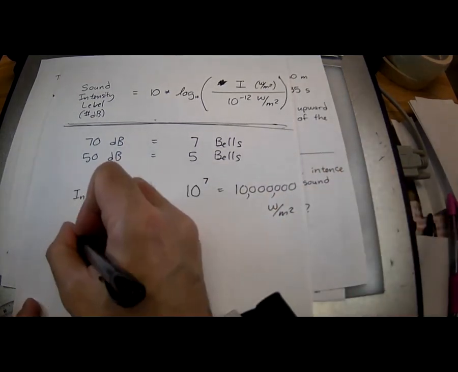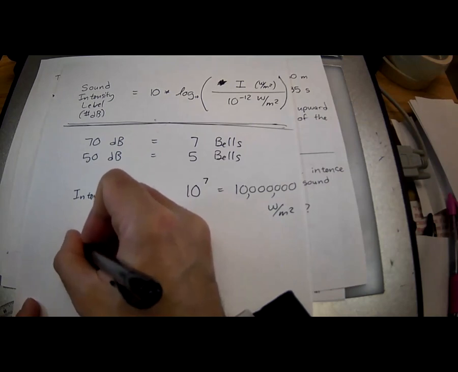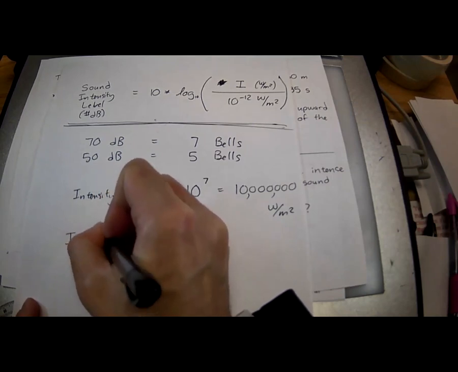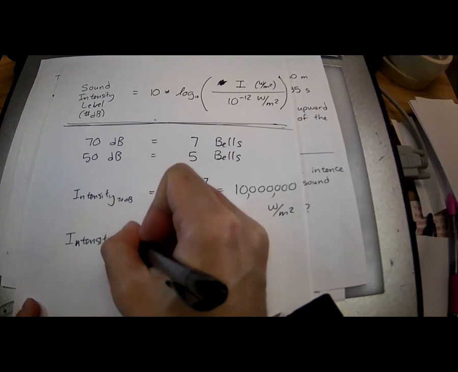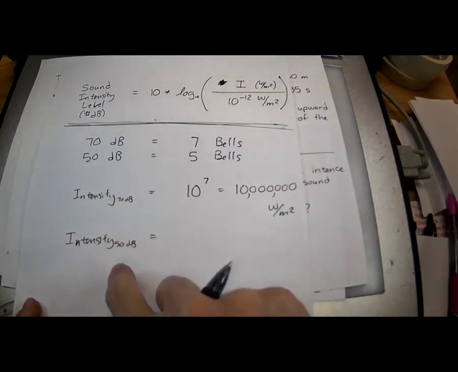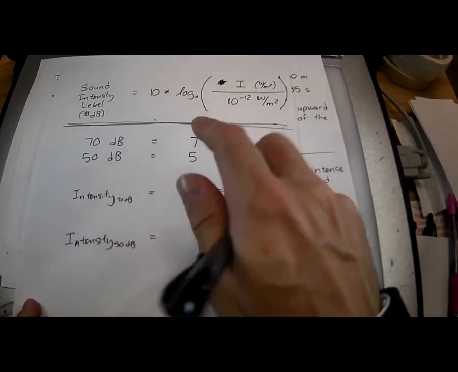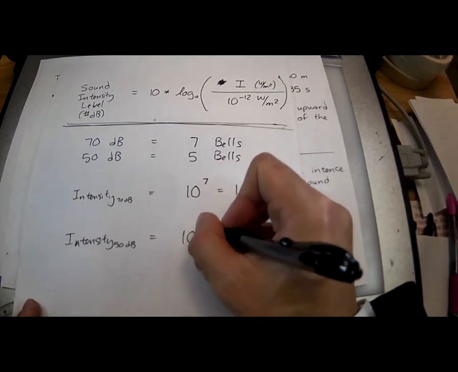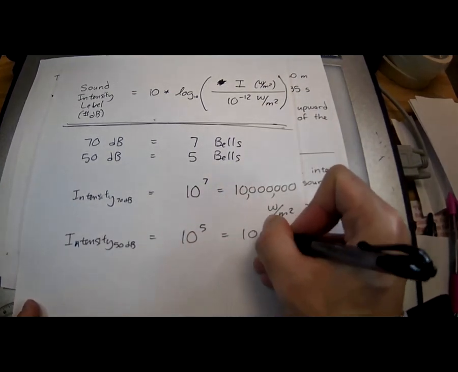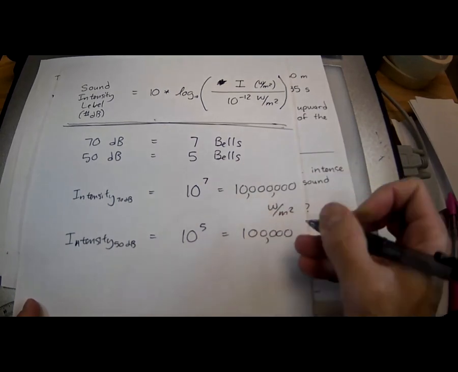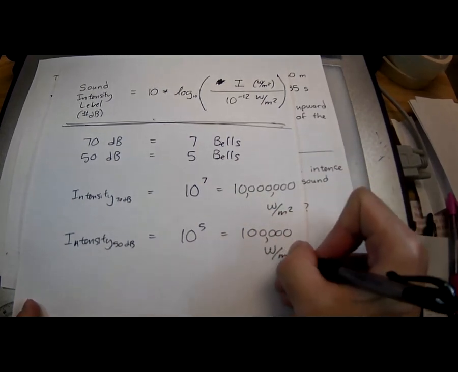Versus what's the intensity at 50 dB? Well, the 50 dB, that's 5 bells, and 10 to the power of 5, it's like 1, 2, 3, 4, 5. That's 100,000 watts per square meter.